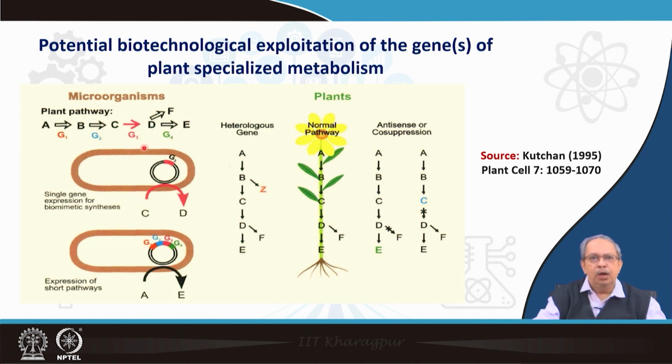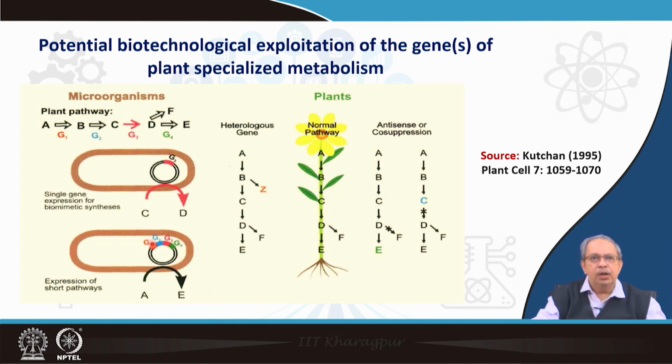Now, what about this pathway being expressed in a microorganism? If it is a short pathway, then it is easier to transfer this pathway into the microorganism and produce the product.